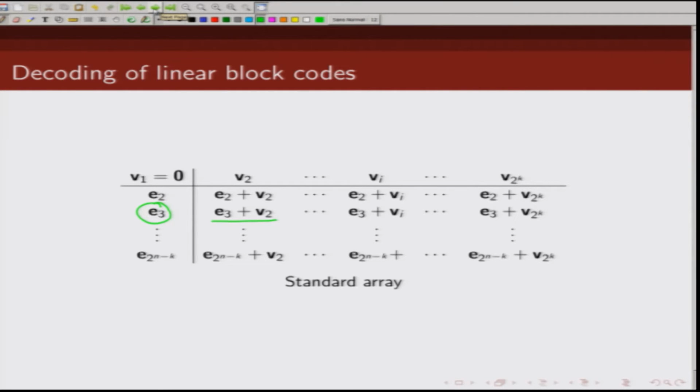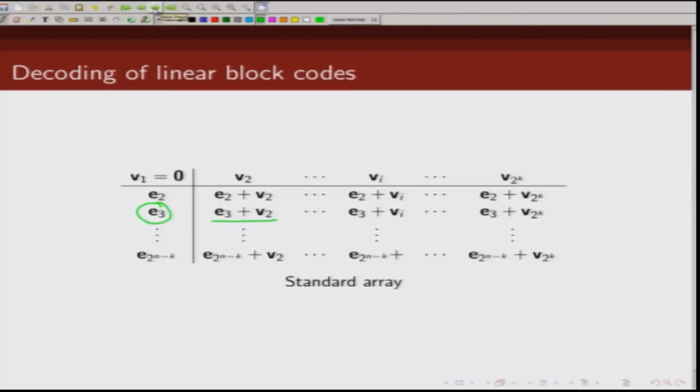Again, I just recap how we are constructing the standard array. The first row of this array is the set of code words V1 to V2 raised to power k, and the leftmost entry here is the all 0 code word.